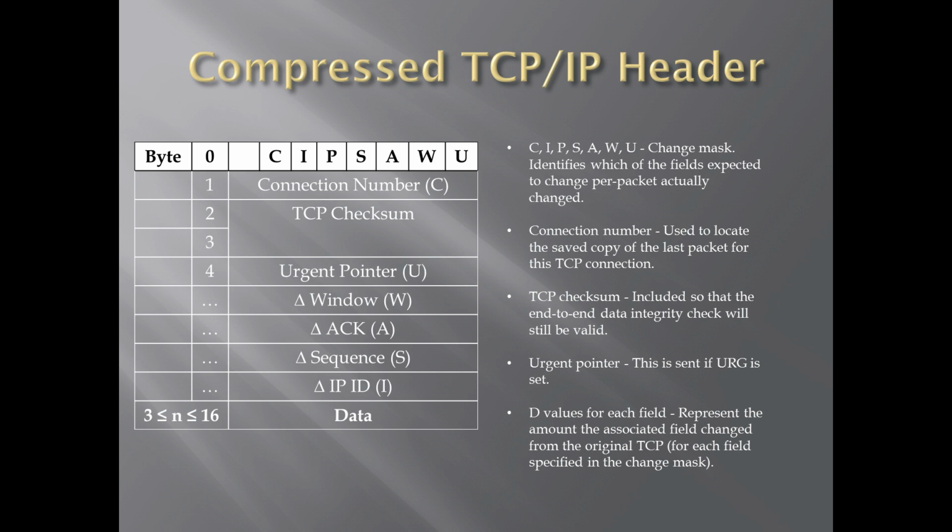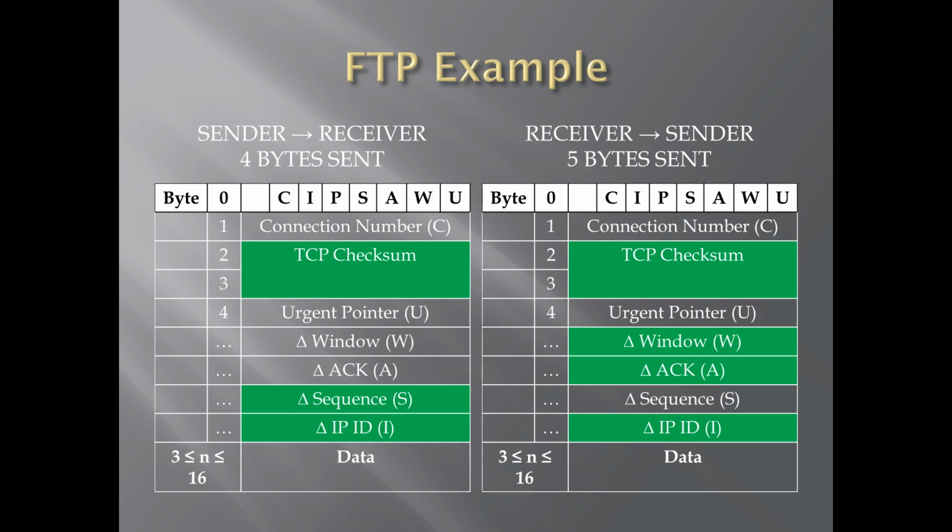Also, the TCP checksum. This is a checksum for this entire header. The urgent pointer, in the rare case that an URG is sent. And then the values with a delta next to them simply indicate that they are only sent when changed. And instead of sending the raw data, they send the difference.